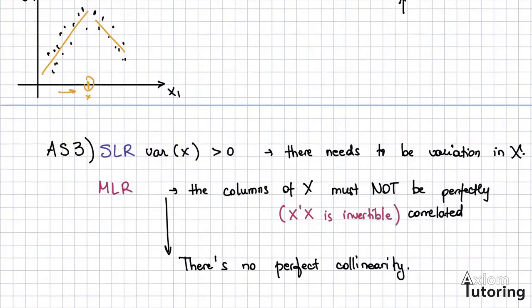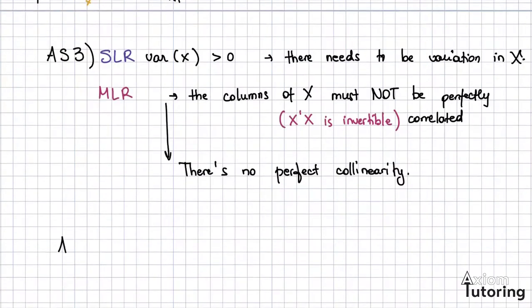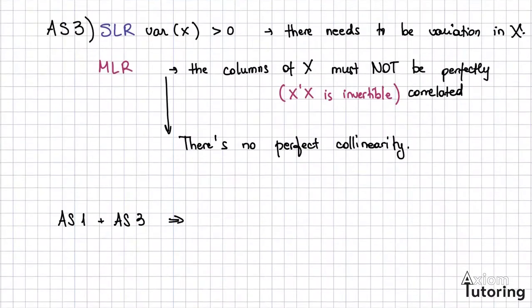Okay. Now, why are these two assumptions so important that I actually had to jump the second one? It is because based on assumption 1 and assumption 3, we have what we call the most basic conditions for the existence of OLS.